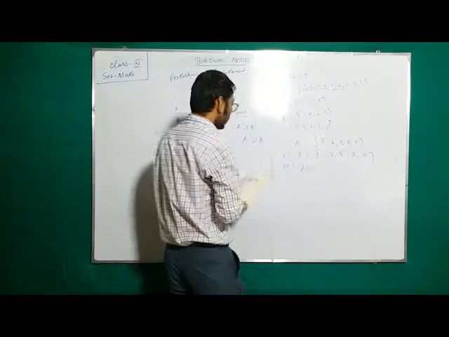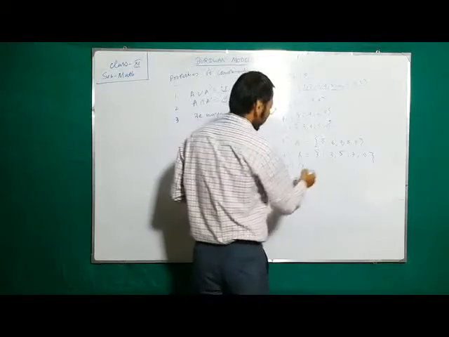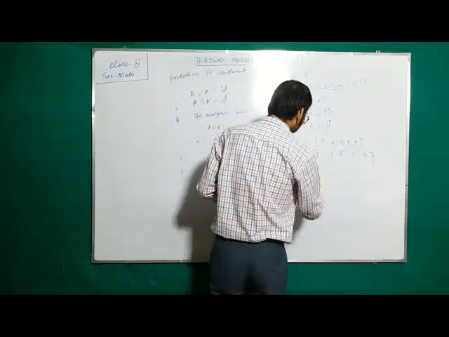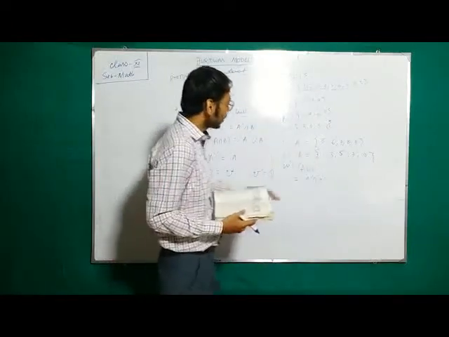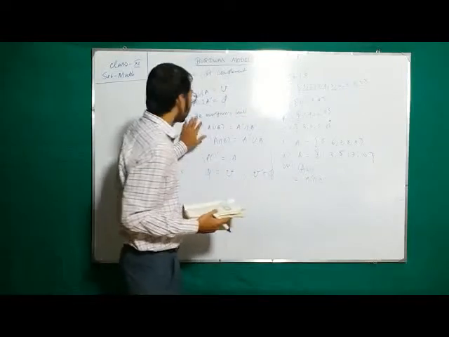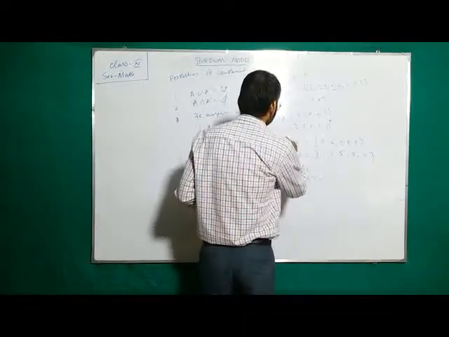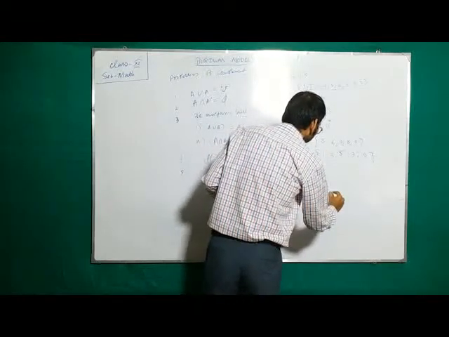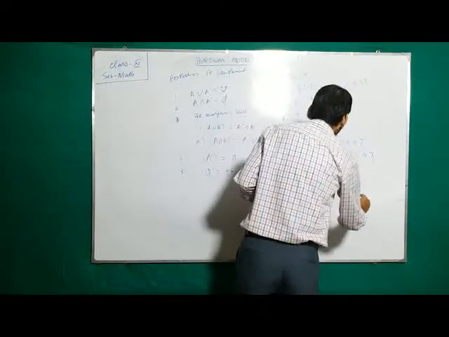By De Morgan's law, I can write here A complement intersection C complement. A complement is 5, 6, 7, 8, 9, intersection with C complement.